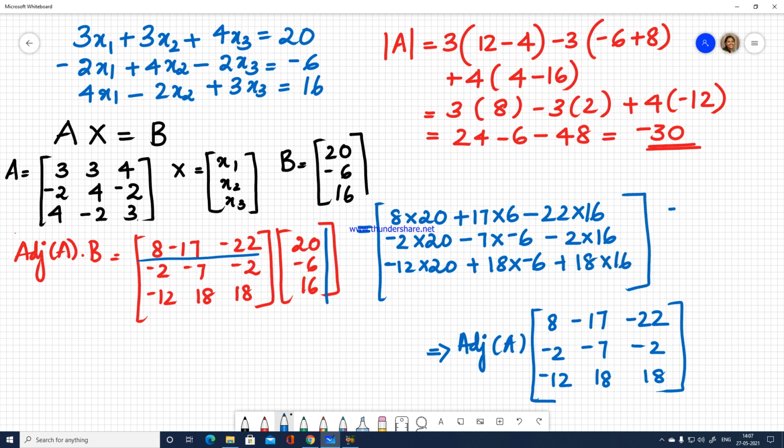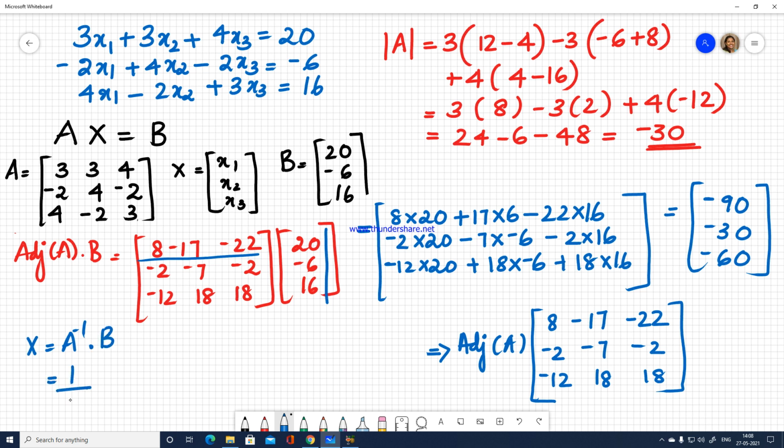So when we simplify, we get the answer as minus 90, minus 30 and minus 60. This is adjoint into B. Now, what was X equal to? A inverse of B, right? So that will be equal to 1 by determinant of A into adjoint of A into B, that is minus 90, minus 30, minus 60. We know that determinant of A is minus 30.